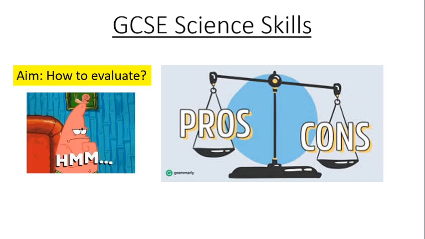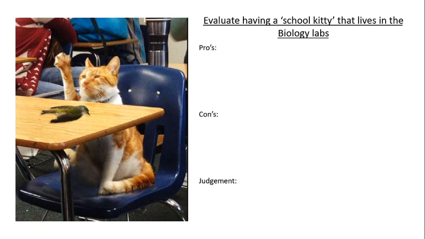Most evaluate questions are worth 6 marks, but if you don't know how to evaluate, likelihood is you're not going to get more than 2 marks out of 6, even if your science is amazing. So I want to show you some examples, and then I'm going to give you a task to have a go at yourself, and then I'll go through that task at the end of this. So you're going to have to pause me a little bit.